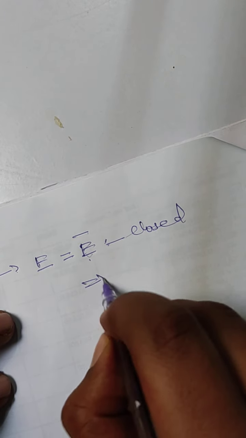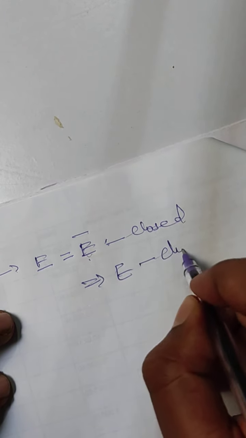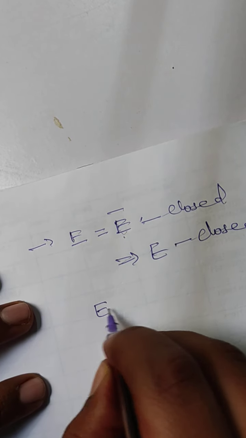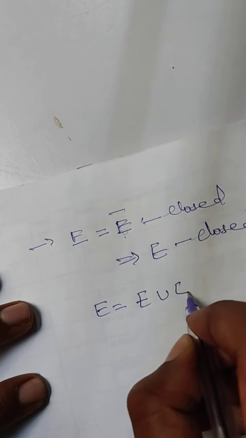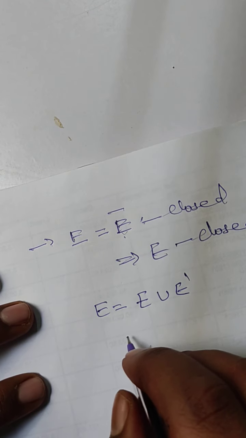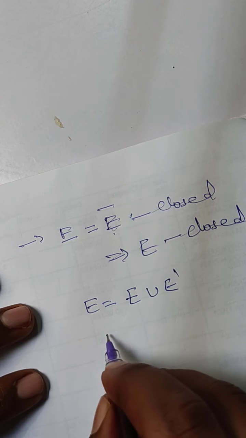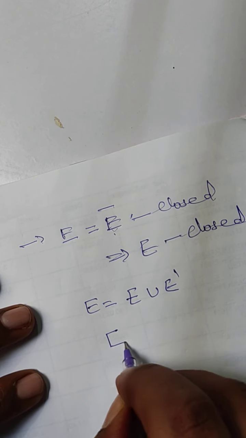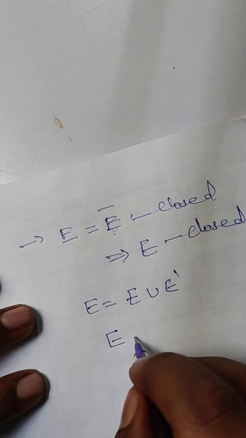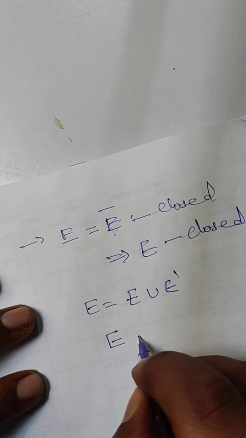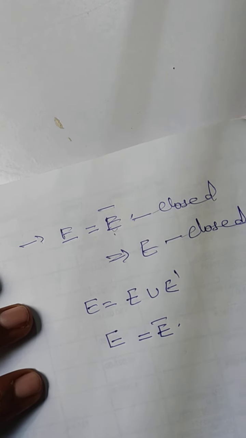From this we can imply that E is also closed. Basically you can write it as E equal to E union E dash, and from that we get that E equals E closure. That's it.